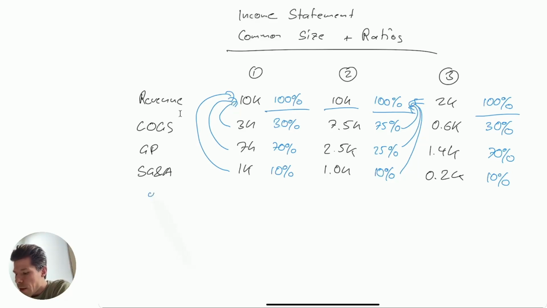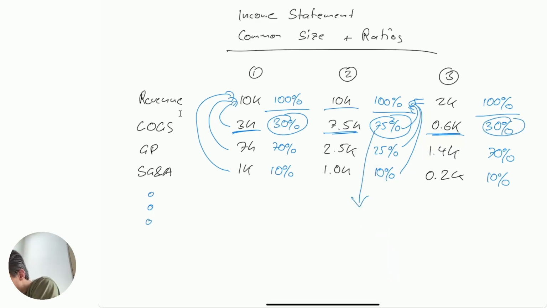Here I have left out many more items, that's why it's a bit more difficult to see. But rather than looking at absolute numbers, because you don't know what 3K, 7.5, 0.6 mean, if you look at the common size values you can see that the direct cost of goods sold is way higher for company 2 compared to company 1 and 3.